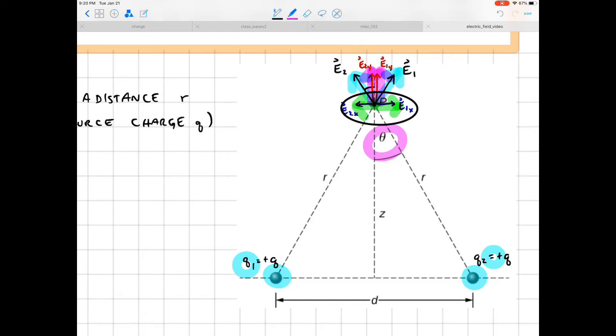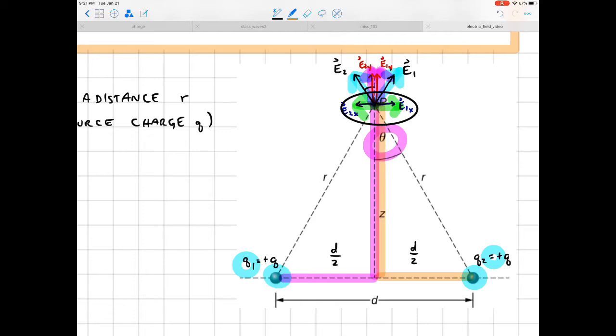All right, so first notice that this problem is symmetric, that Q1 is a distance d over 2 from this vertical axis, and then there's a height z, and then it's identical on the other side, d over 2, and the height z.